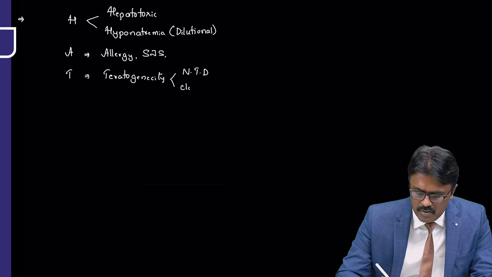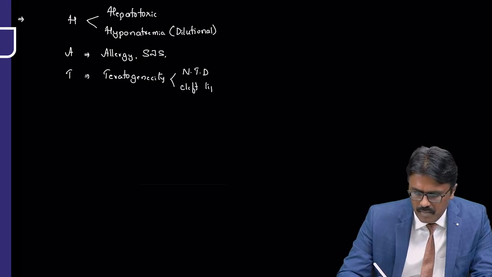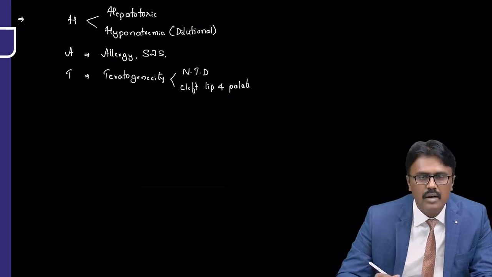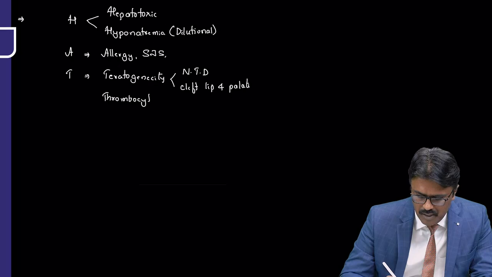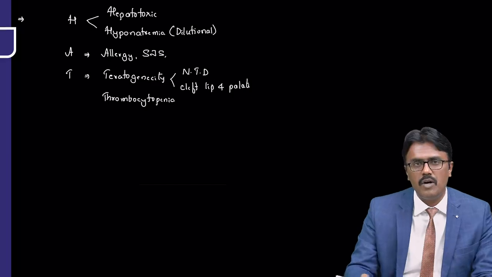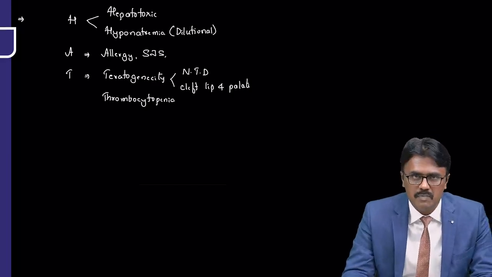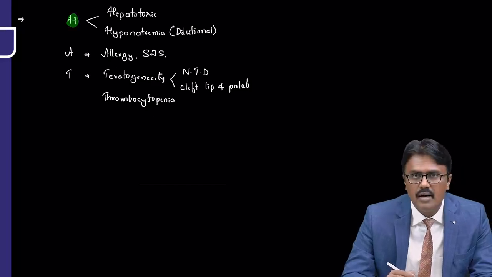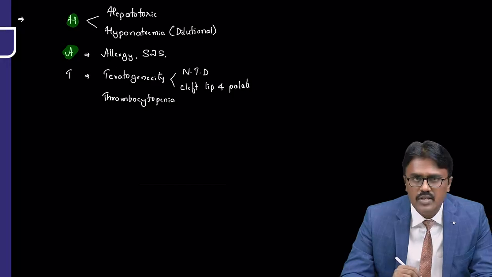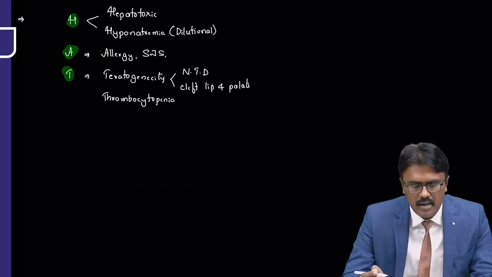Along with that, it can produce cleft lip and palate. And one more important T it will produce is thrombocytopenia. So these are the problems we face with carbamazepine: HAT, hepatotoxicity, hyponatremia, allergy, and teratogenicity and thrombocytopenia.